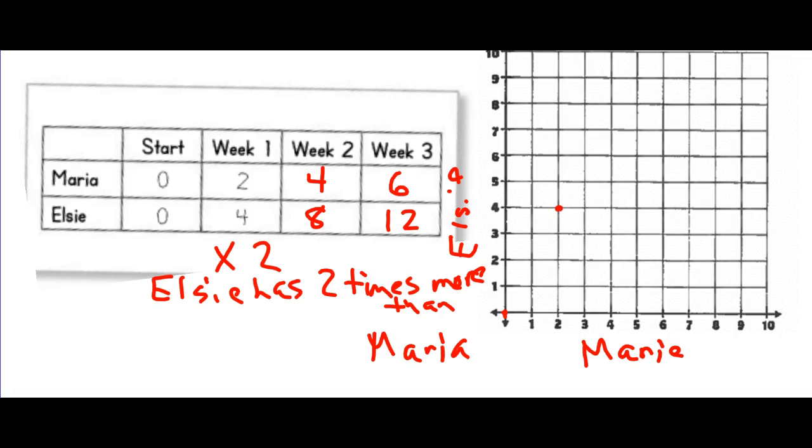When Maria has 4, Elsie has 8. And when Maria has 6, Elsie has, oh, it's off the graph. But we get our point here, and we can draw our line to connect our dots. And it will continue in exactly that manner. But it shows the relationship that Elsie always has 2 times more than Maria, or we could say it in the opposite. Maria has half of what Elsie has.